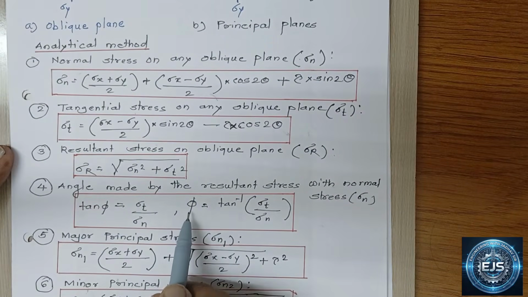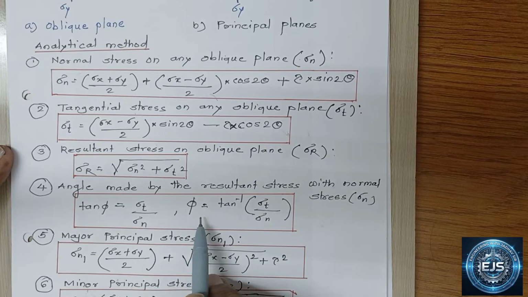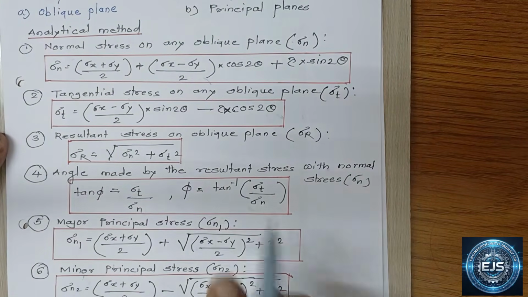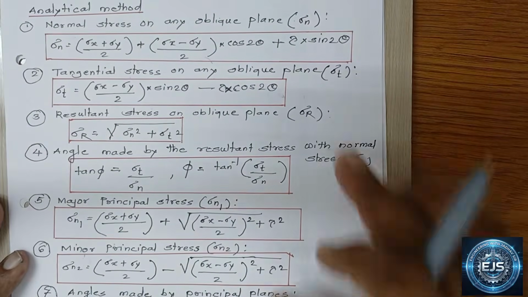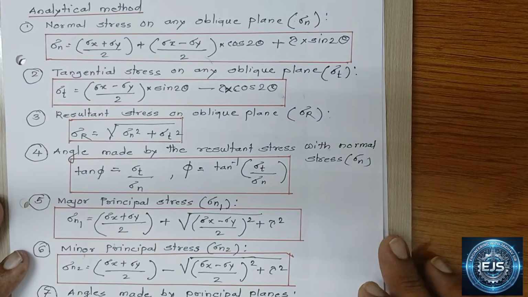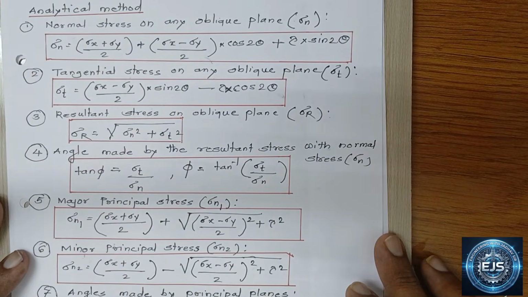So if we take tan inverse of sigma t upon sigma n, we get the angle phi, that is the angle of obliquity. So these are the four formulas used for calculation of the normal stress, tangential stress, resultant stress, and the angle of obliquity on an oblique plane.